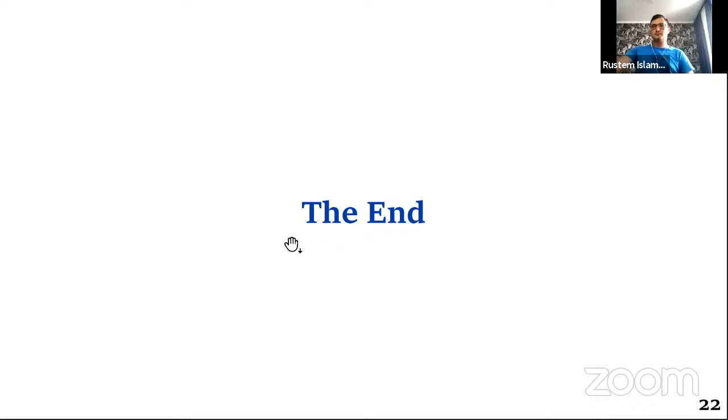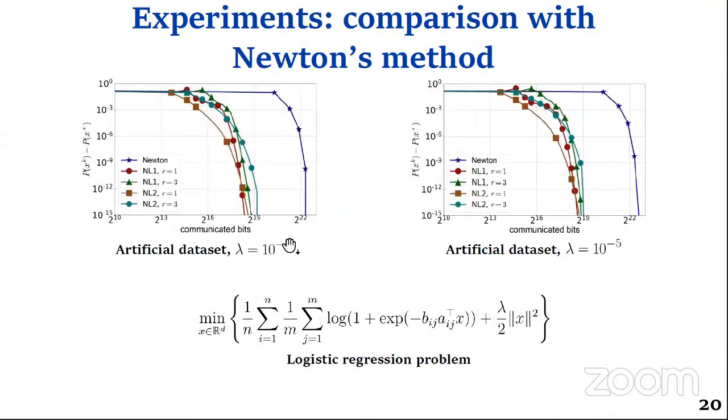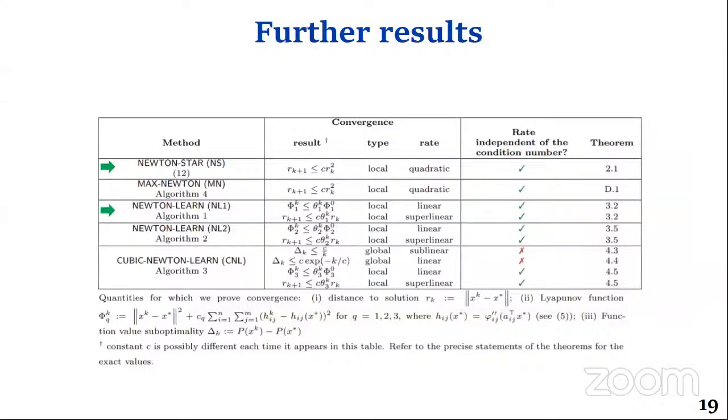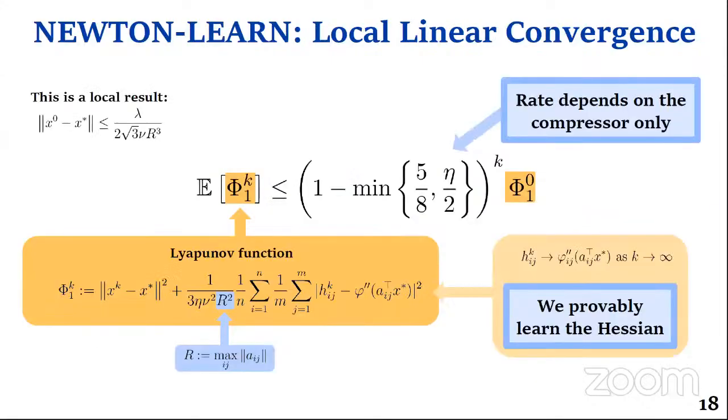Could we come back to when you described the rates for Newton methods? There was the convergence region, and how does it correspond? What are these lambda parameters, and how do they correspond to the normal convergence region of Newton's method?